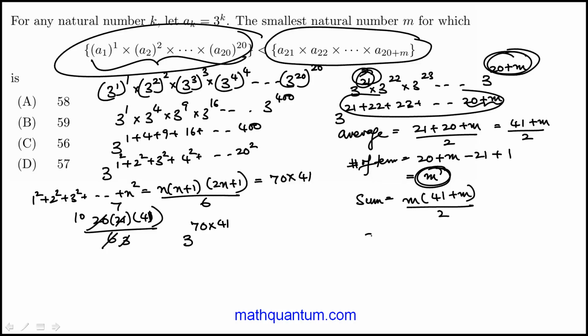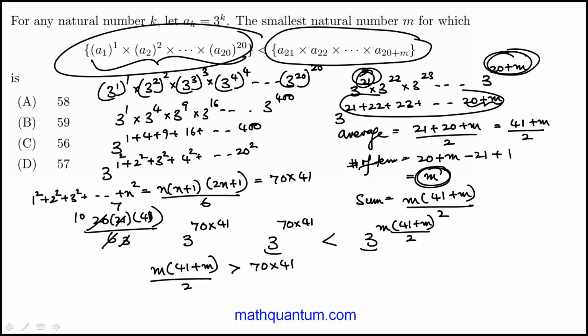So this side becomes 3 to the power of m times 41 plus m over 2. So that's the condition. So this boils down to, since we have the same base, the least value of m for which this is true.